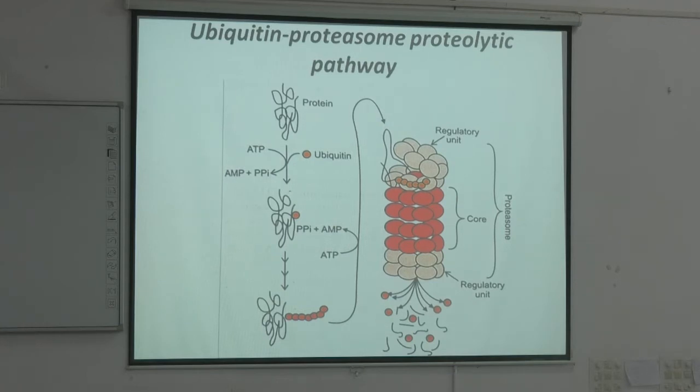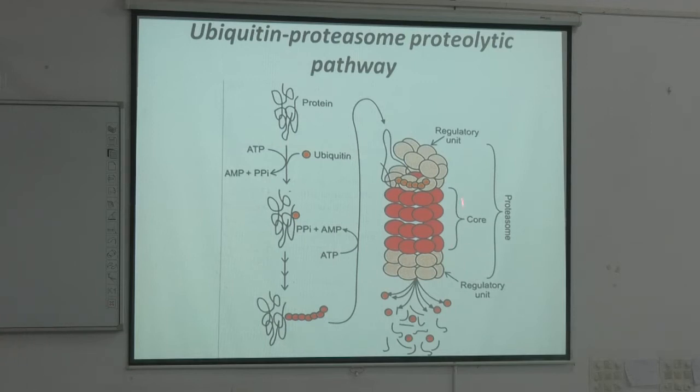So for degradation, how will it occur? Ubiquitin will bind to that misfolded protein. Once it is bound to the ubiquitin, it enters the proteasome. The proteasome has two units, the regulatory unit and the core protein.